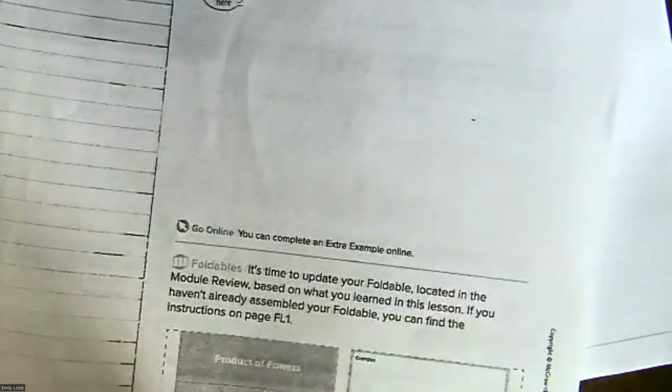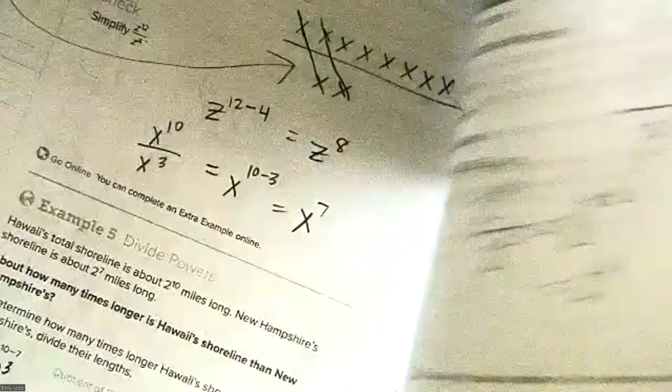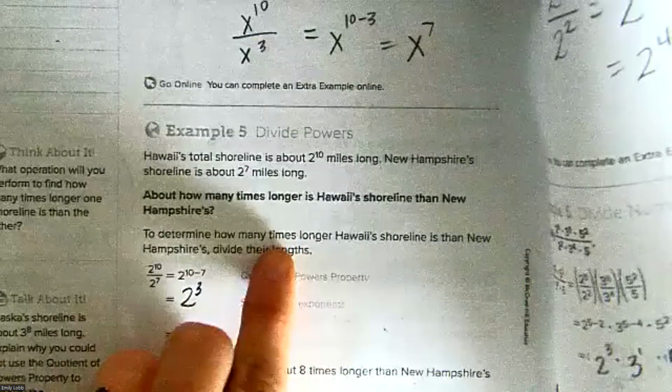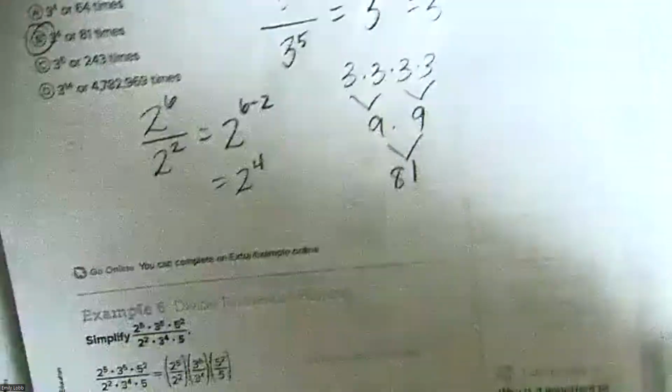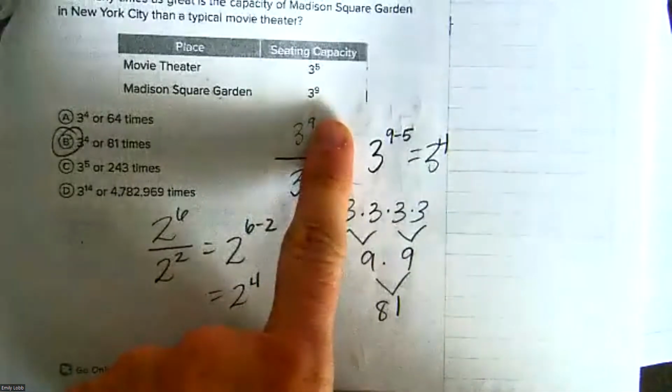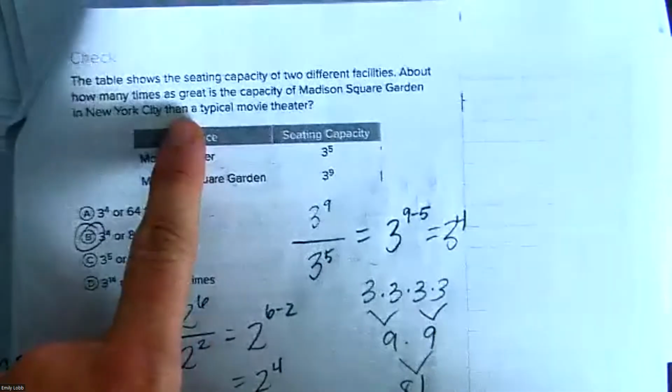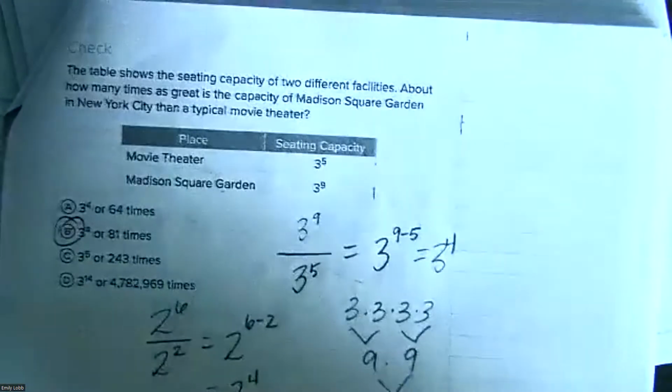If we look back at example 5, we see that they divided those 2 numbers, right? They took the bigger divided by the smaller. Same with our check, right? They took the bigger divided by the smaller to see how many more times it was as great, right?